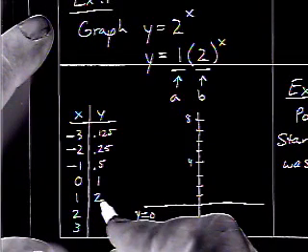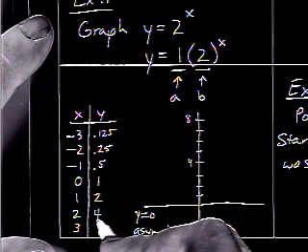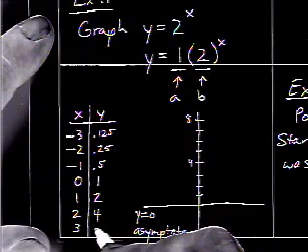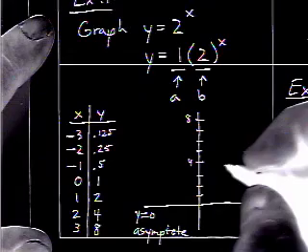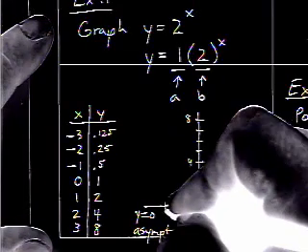Okay, when I plug in a 1, obviously I'm getting 2. When I plug in a 2, I get 2 squared, or 4. Plug in a 3, I get 2 cubed, or 8. So I can plot those values on here.